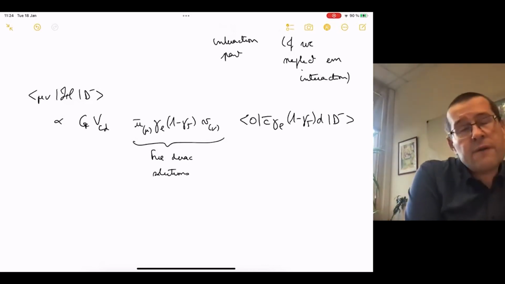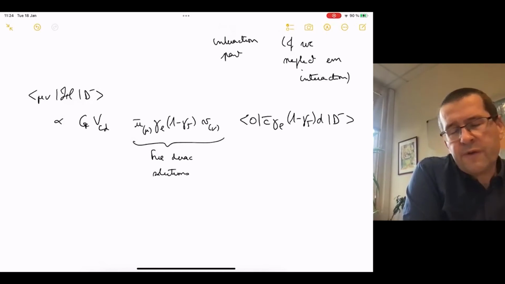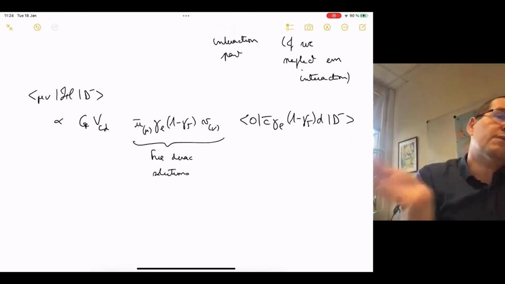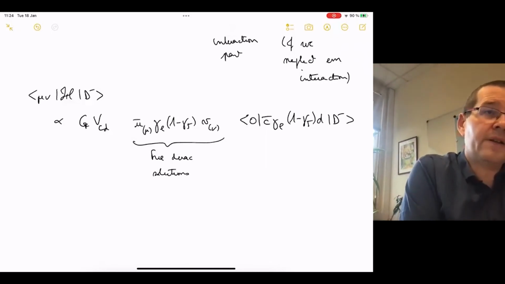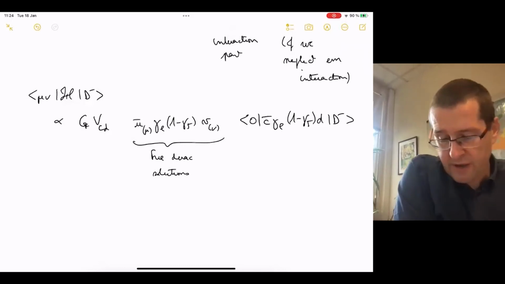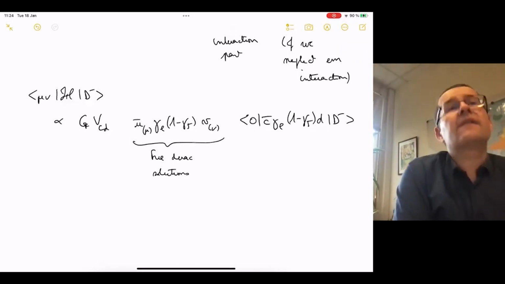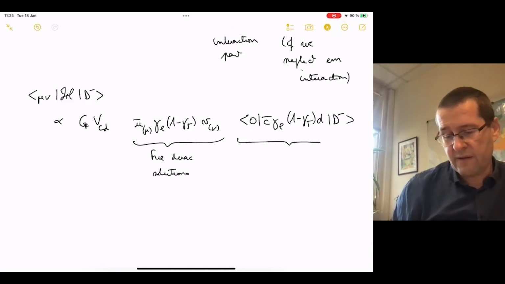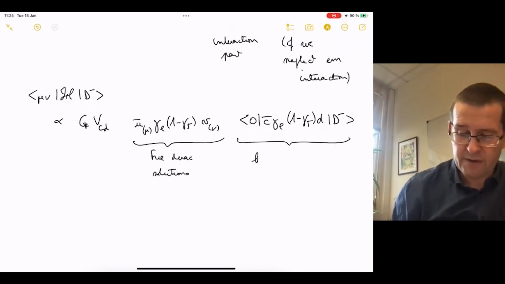The four-fermion operator can be separated into two bilinears. One of them is just related to what's going on on the left-hand side, and that can be treated immediately using the solution of the free Dirac equation. And then you've got a term which still involves the quark fields, and that will be a hadronic matrix element.